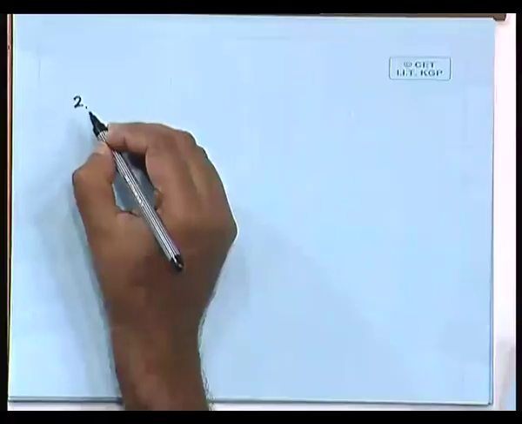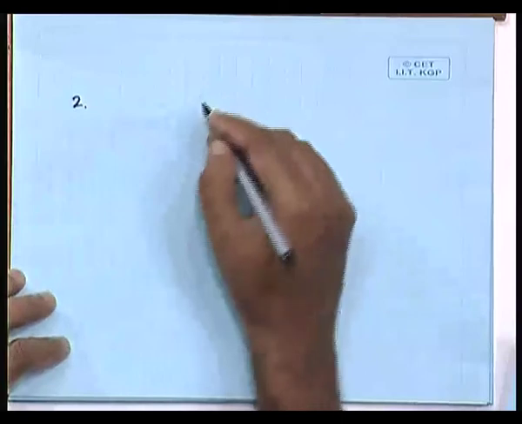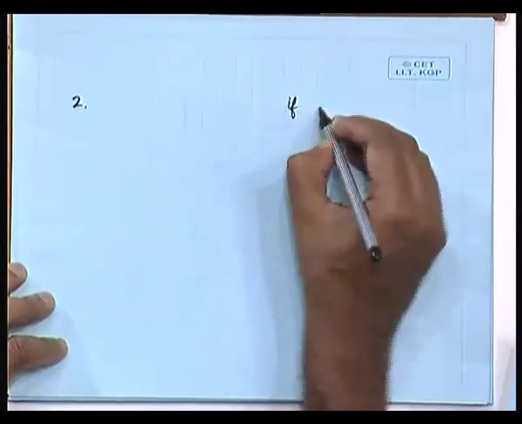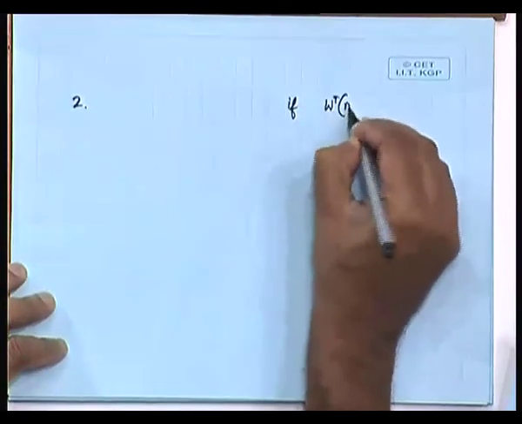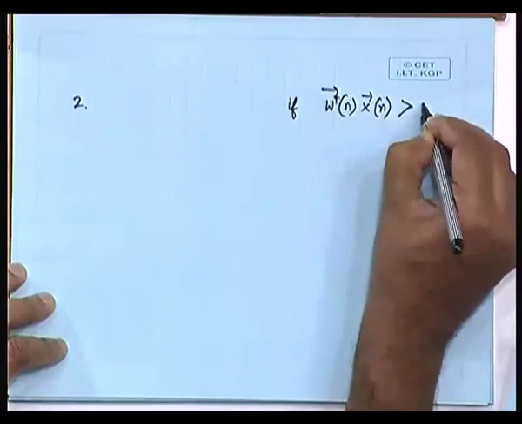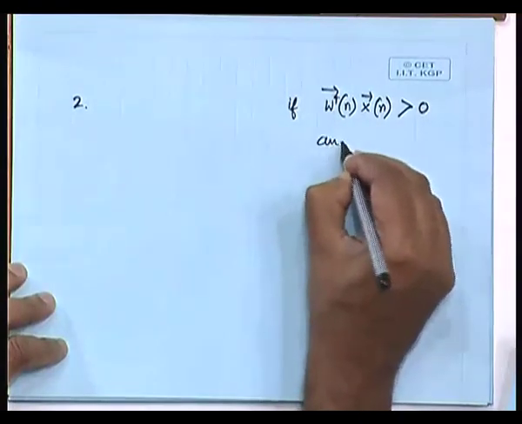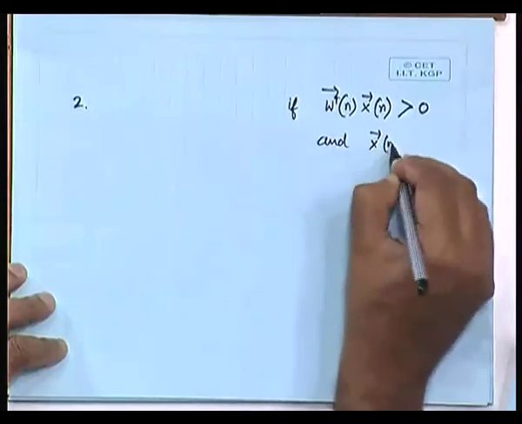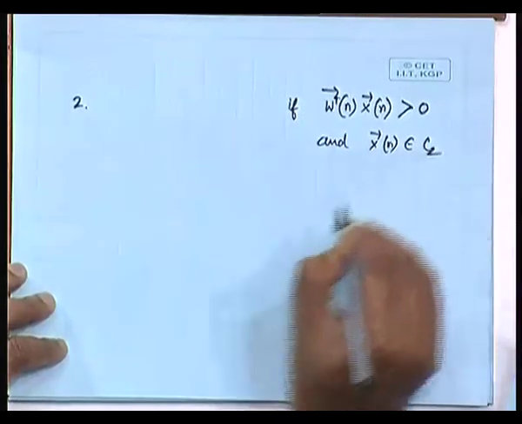Now, let us take the different case when the classification is wrong. As the second updating strategy, when the classification is wrong, what do we do? That means if W transpose xn is greater than 0 and xn belongs to C2.